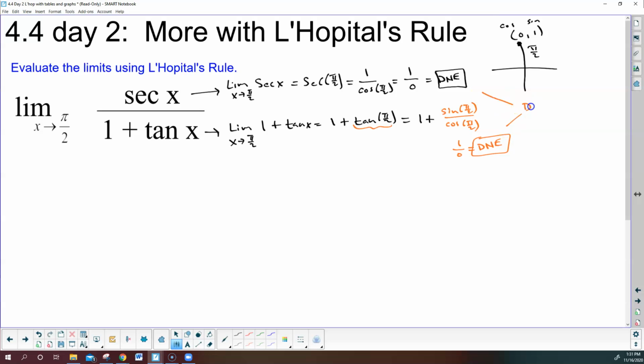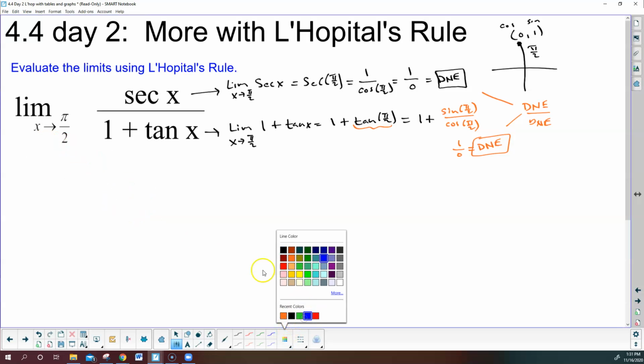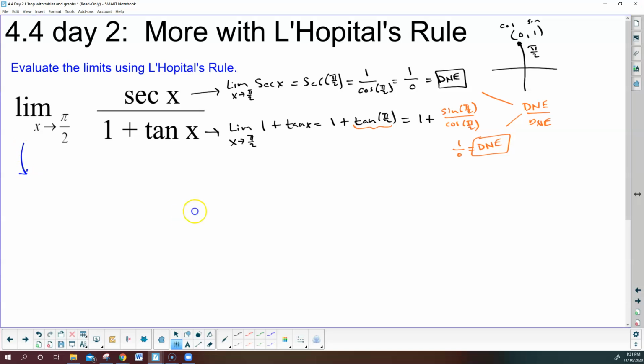Now this isn't directly an indeterminate form like we talked about, the 0 over 0 or infinity over infinity. But what it does say is maybe what if we check L'Hopital's rule then? Right?